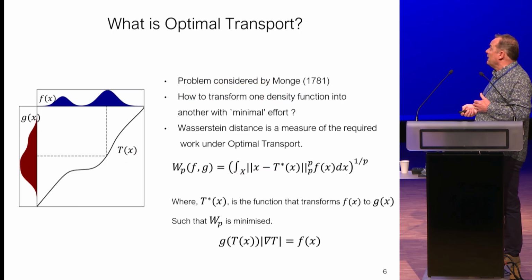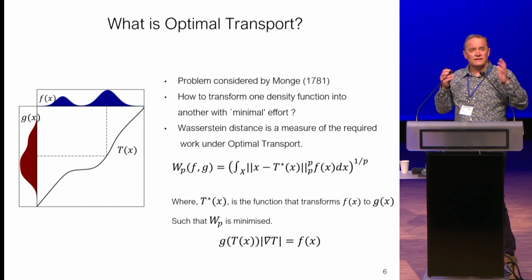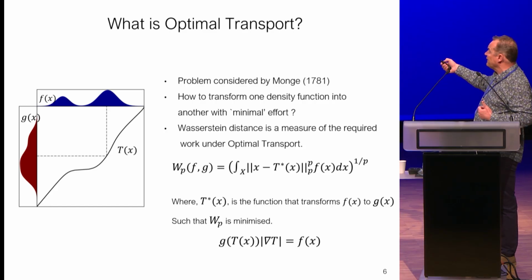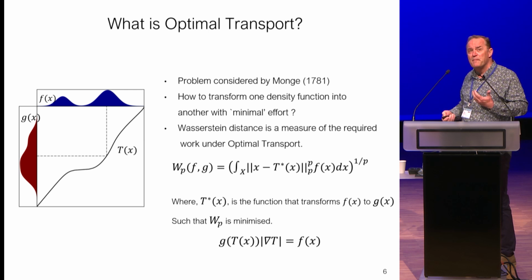So succinctly then, from a simple mathematical viewpoint, optimal transport would be to take a density profile, which is blue here, and transform it into the red. And to do that, I use some function T(x), which is where each parcel of x is moved to. Now this is what we call a transport map.